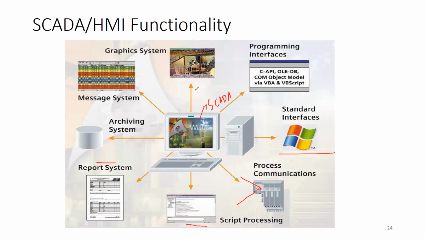And moreover, this SCADA is directly connected to the process which is happening. That is some manufacturing process which is occurring. So you see, SCADA or a supervisory control system has everything in it. It is connected to the manufacturing process also.